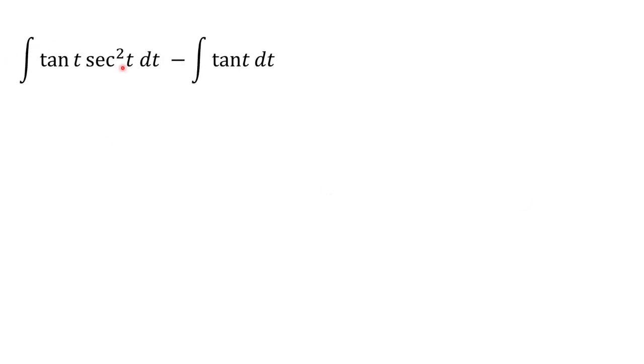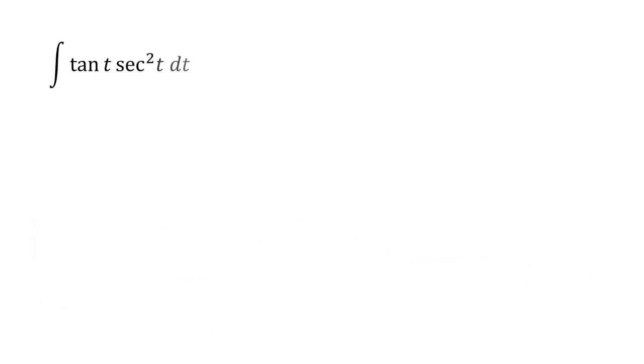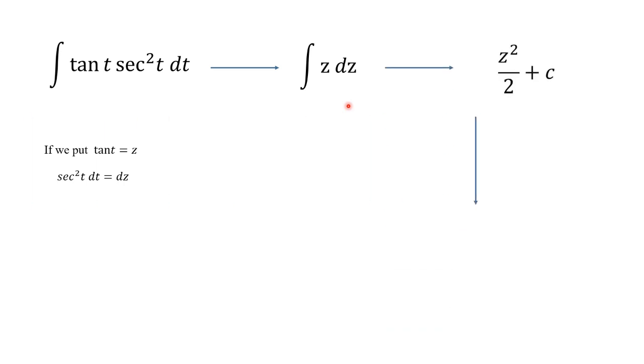First, let's deal with the first term: the integration of tan t sec square t. If we put tan t as z, then sec square t dt is equal to dz. So it gives us integration of z dz, a very famous formula. It is simply z square by 2 plus constant of integration.